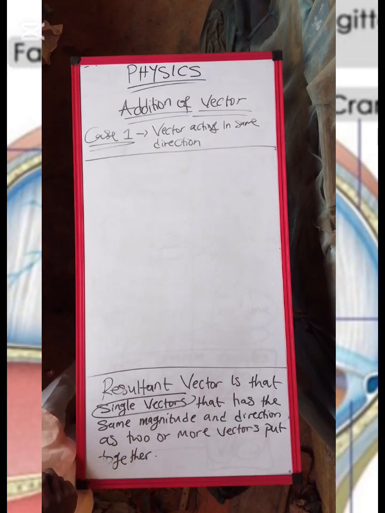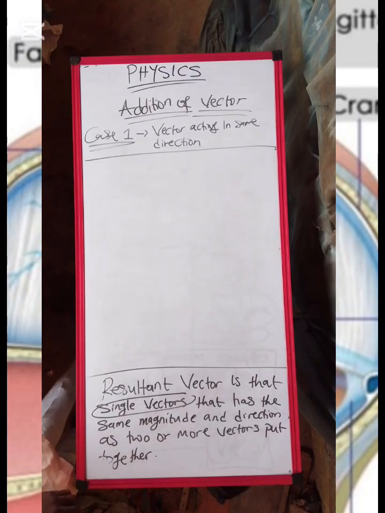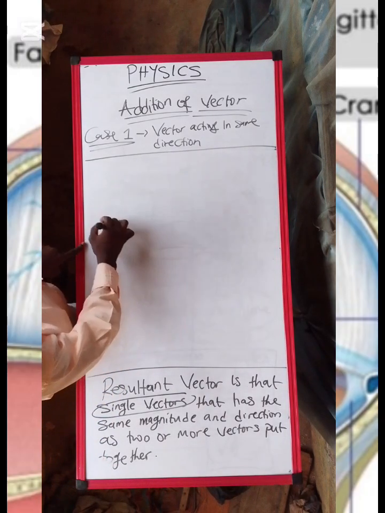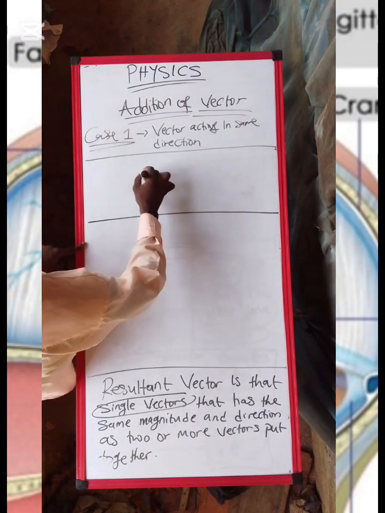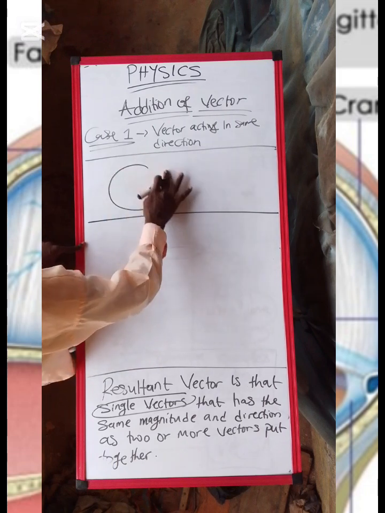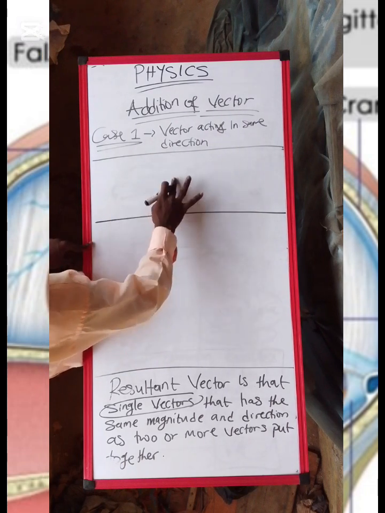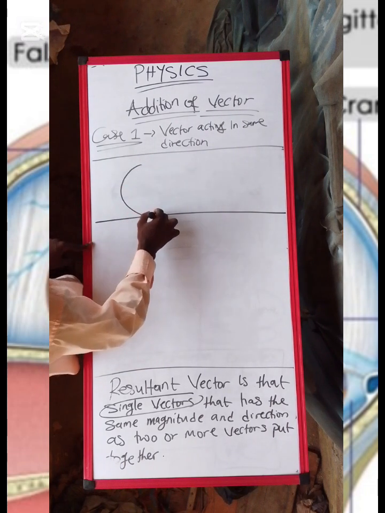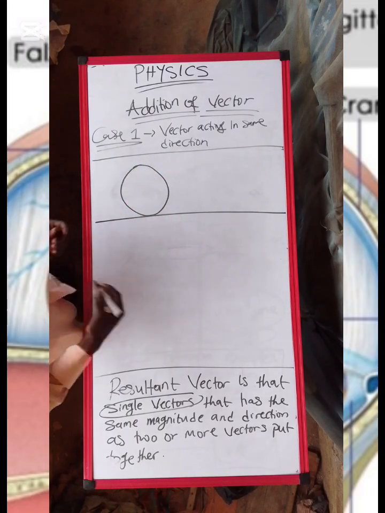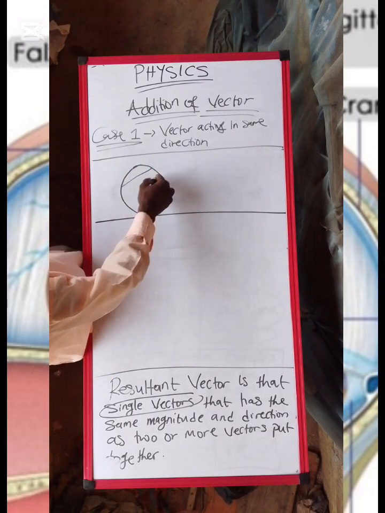So now let's take a look at this particular illustration. Let's say this is a level ground. Let's assume there's a ball here, not really the football you play, but let's just say there's a round object. Let's call it a round object.